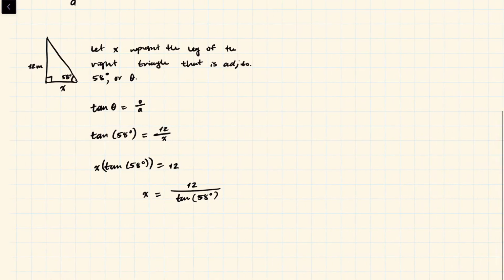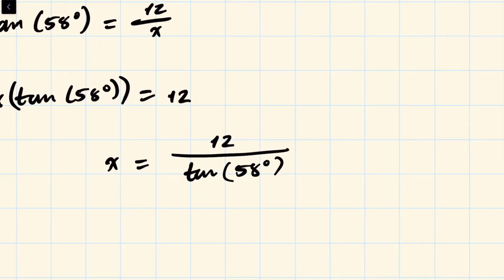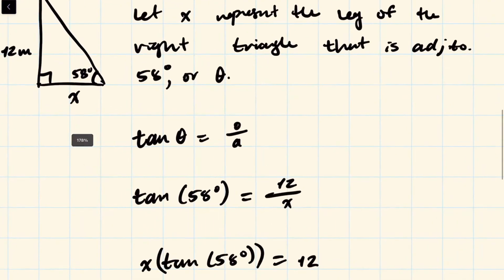Okay, so we can pretty much just punch this into our calculator now. Okay, so our x is going to come out to be 7.49. Around there. I'll just say 7.5 meters. So we know that now is the length of this leg.